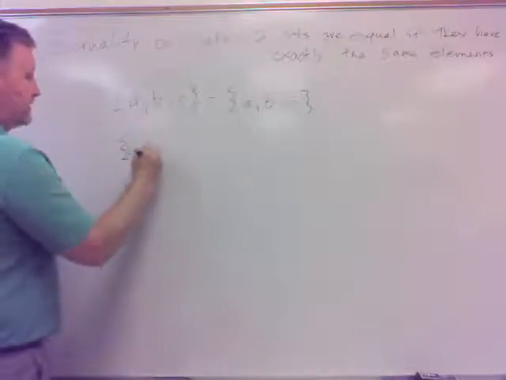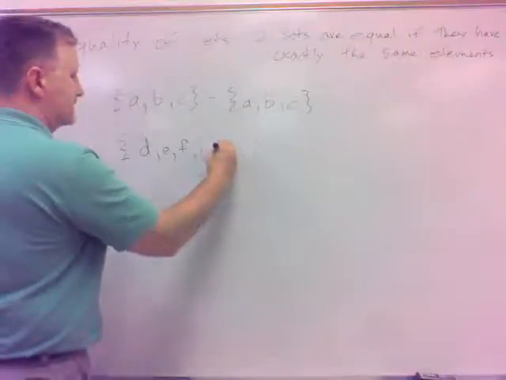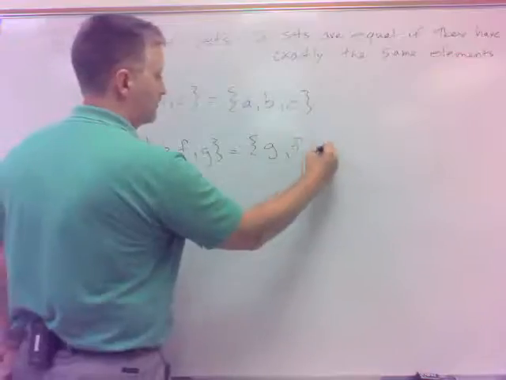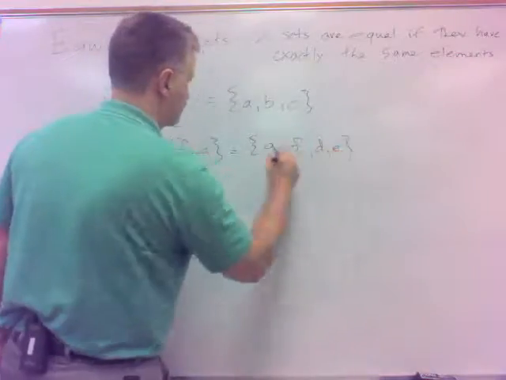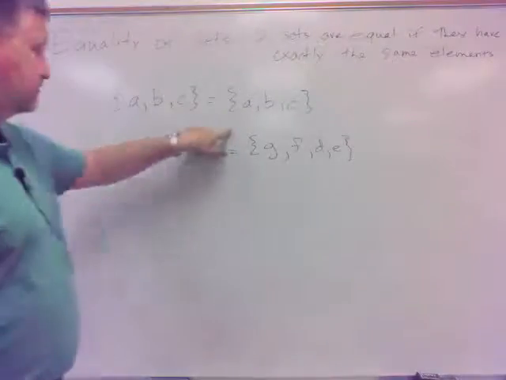Well, what about D, E, F, G? Switch it up a little bit. D, E, F, G. Does that equal G, F, D, E? Does, doesn't it? This is equal.